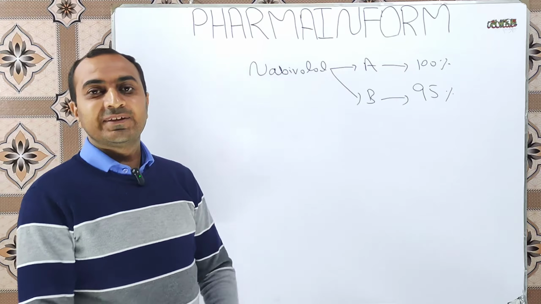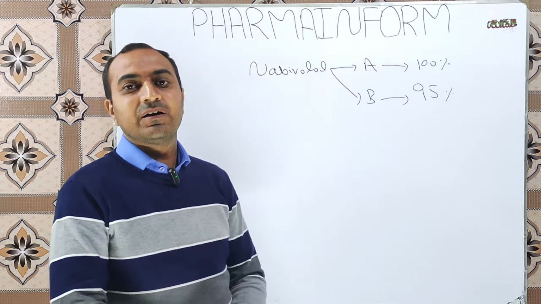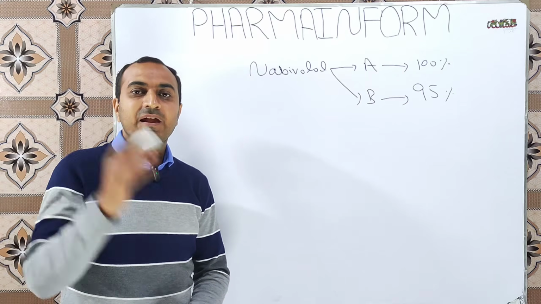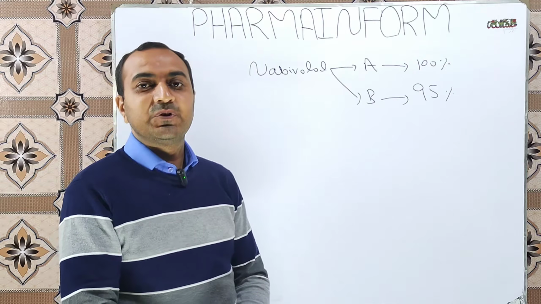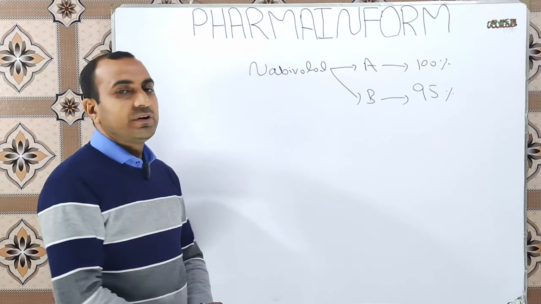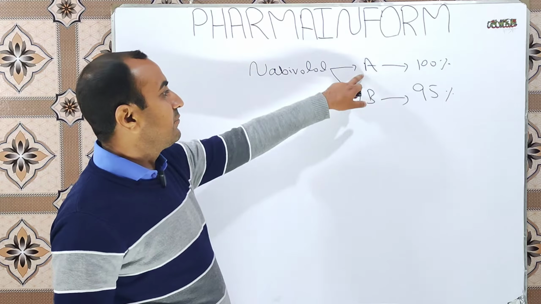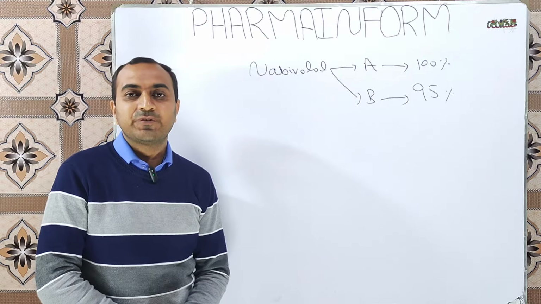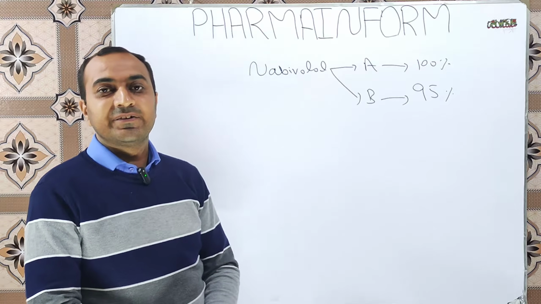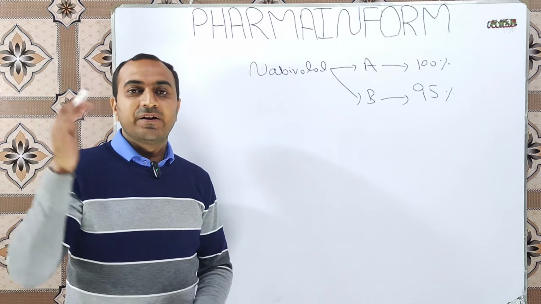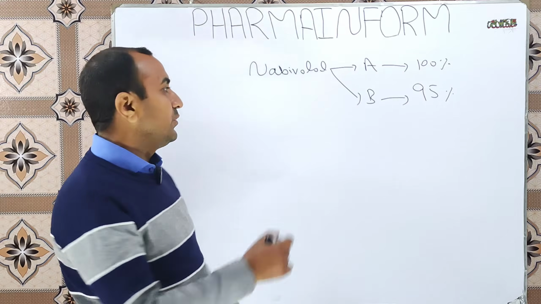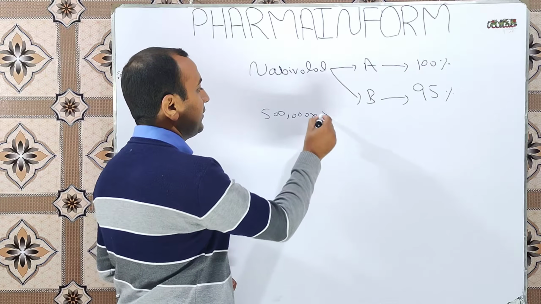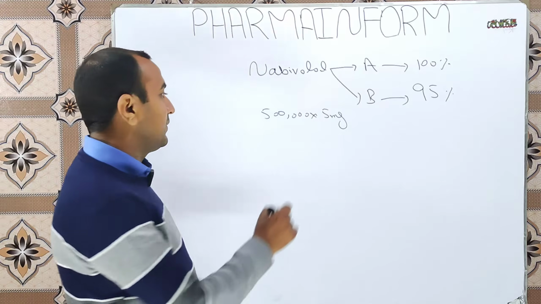As we know, the SA limit for most cases is 90 to 110%, or it is 95 to 105%. So if we take the active pharmaceutical ingredient from supplier A, which has an SA value of 100%, we do not need any adjustment because it is already 100%, and we will use 5 lakh tablets and 5 milligram API for each tablet.